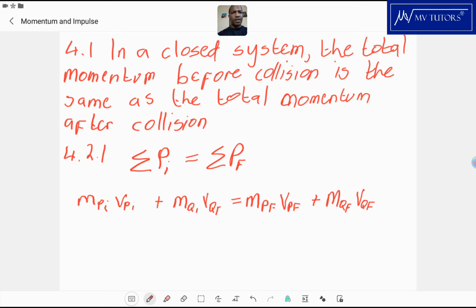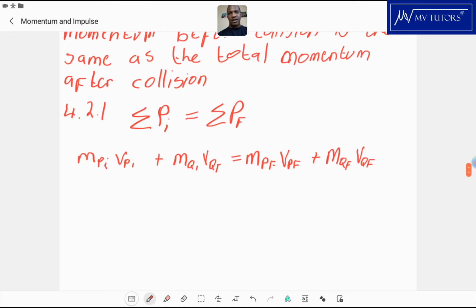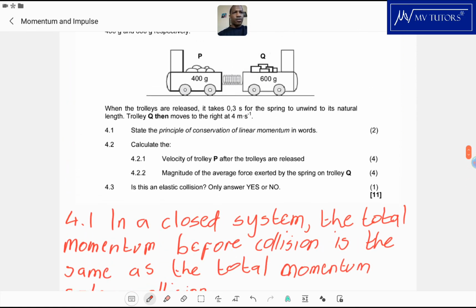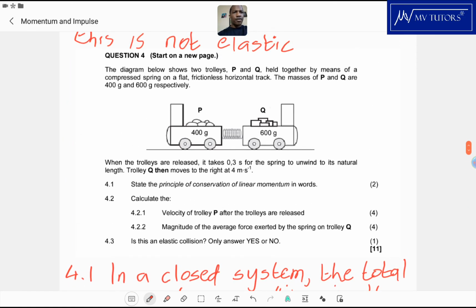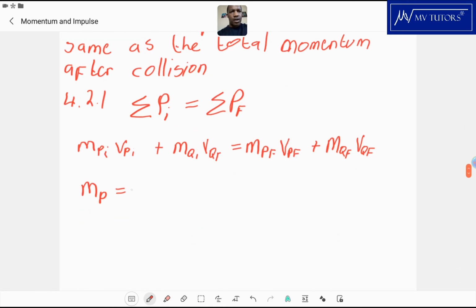So the mass of P, before I solve this, let me just solve the individual masses. The mass of P, let's go see in the question, P is 400 grams. But if you remember, the unit for mass in momentum is kg, so we need to convert grams into kilograms.